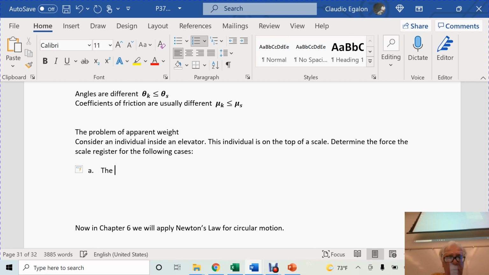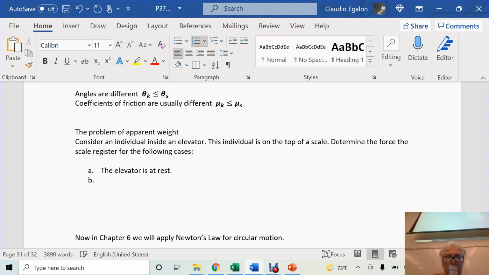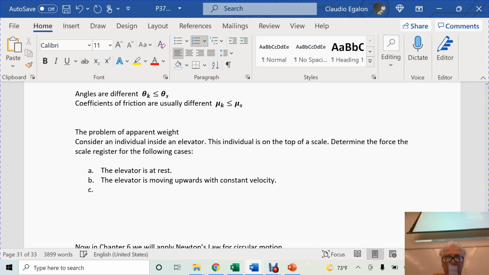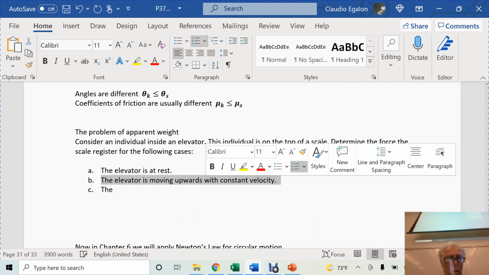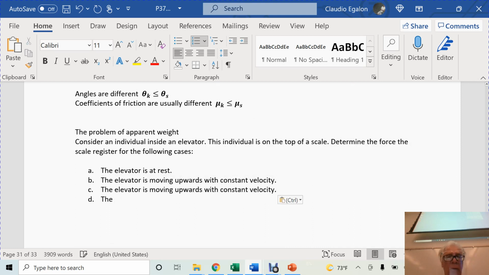A. The elevator is at rest. B. The elevator is moving upwards with constant velocity. C. The elevator is moving downwards with constant velocity.